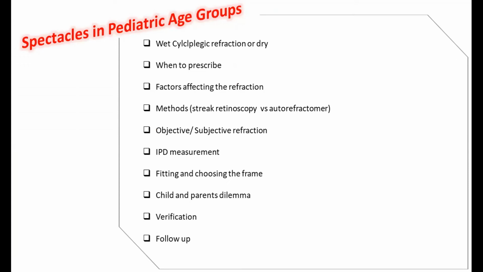Here, I mean, do we have to use cycloplegic refraction or dry? And when to prescribe? So what are the thresholds for prescribing spectacles? Factors affecting refraction. Do we need to use the retinoscope or autorefractometer? Can we use the subjective refraction? The IPD, interpupillary distance, is really important because this child is growing up, and there will definitely be a change in the interpupillary distance during the follow-up visits.